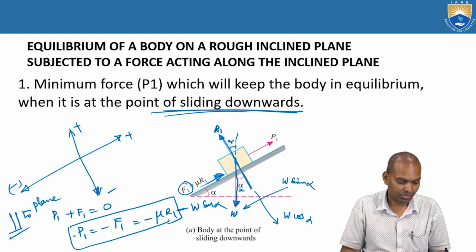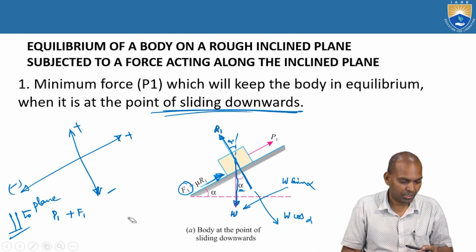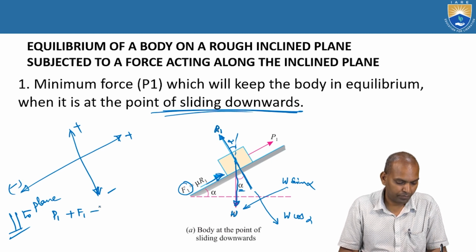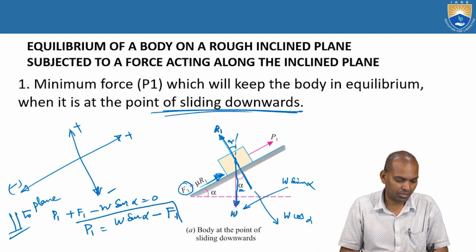That means P1 plus F1, in the same direction, minus W sin alpha equal to 0. So P1 equal to W sin alpha minus F1. This is the equation.